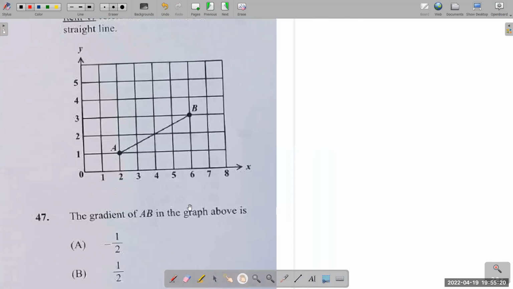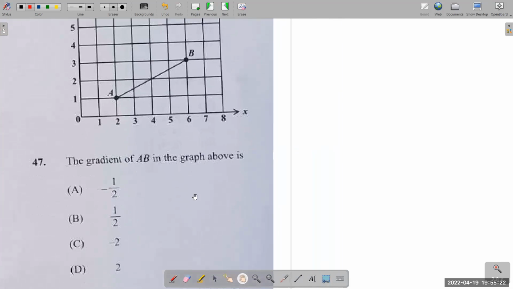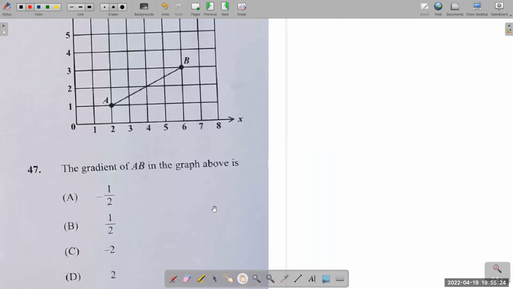Next one, the gradient. Everybody pick an answer for me, please. What's the gradient? You've got two ways you could do this from the graph. You could count. Remember, gradient is rise, how much it rises over how much it runs. I'm going to do it two ways because this is revision.